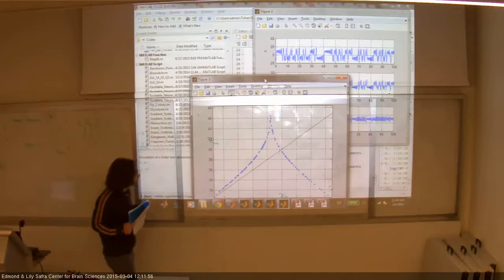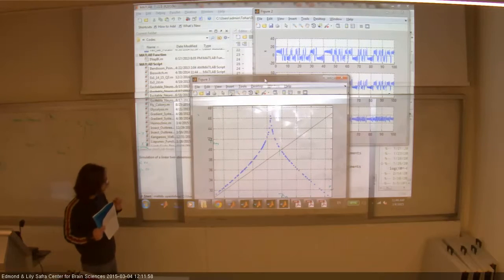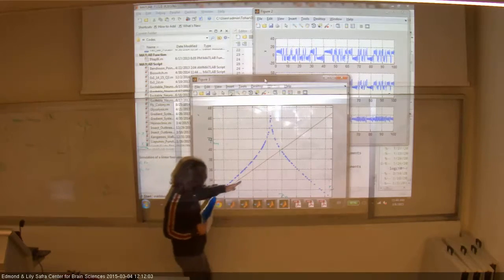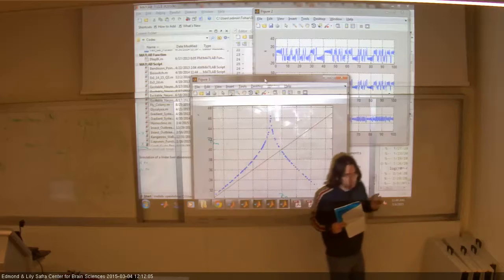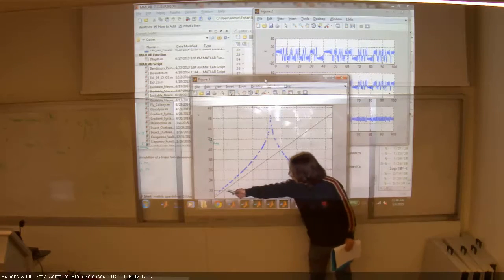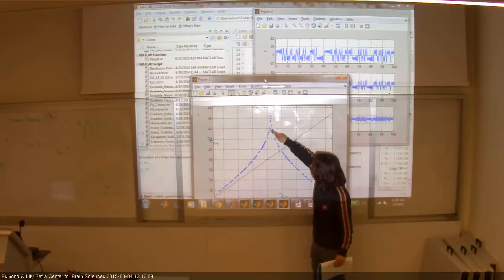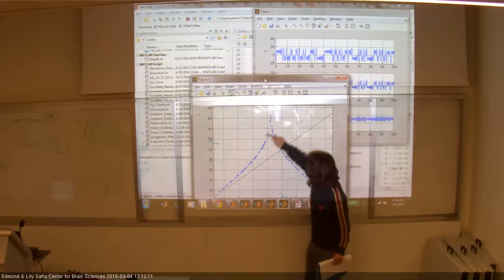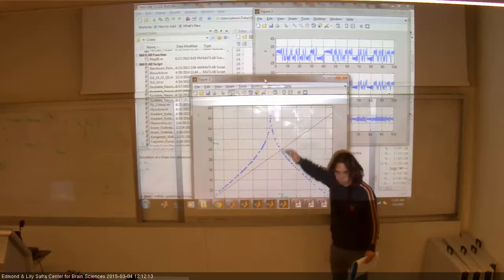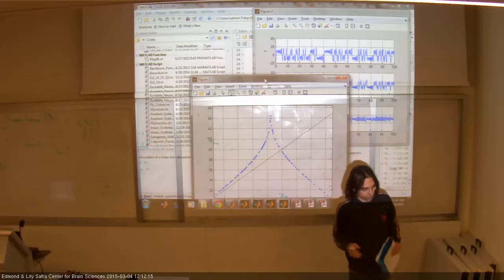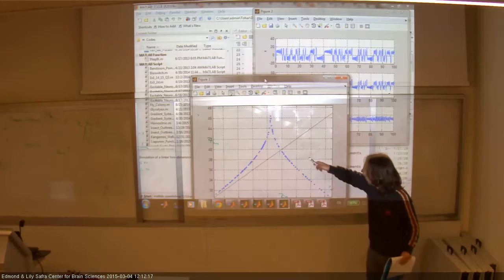And one thing that is significant here, you see that I plotted the diagonal in black. The slope of this map is always larger than 1. Also, this negative slope is smaller than negative 1, as you can see by comparing to the diagonal.